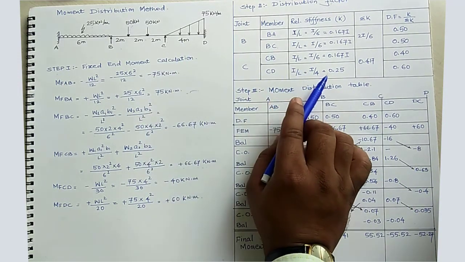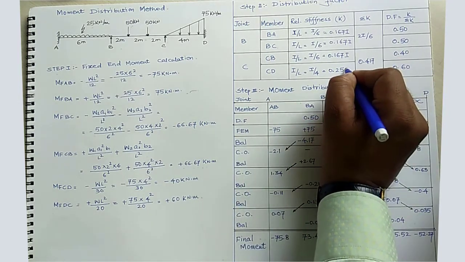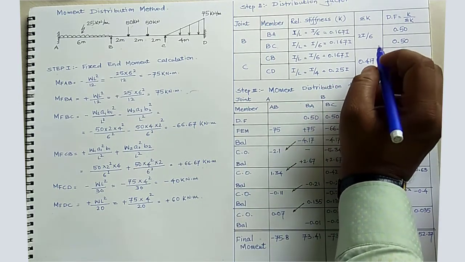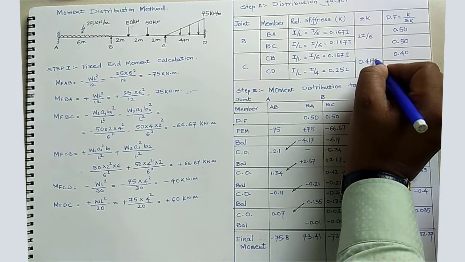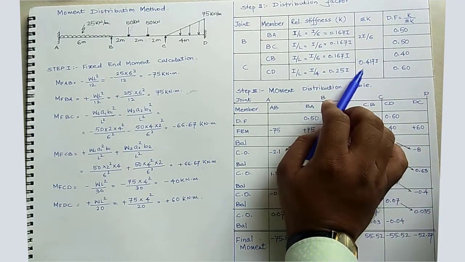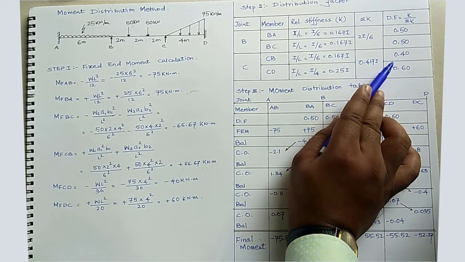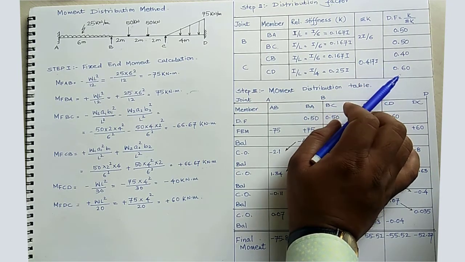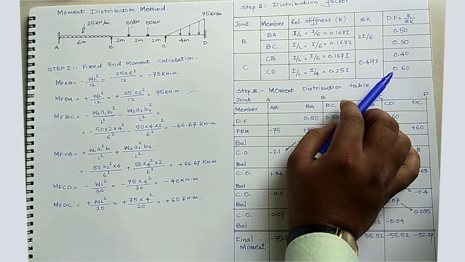So it is 1 by 4, that is 0.25 I. If we sum up this value, this will be equal to 0.417 I. If we divide this K by sum of K, we will get the distribution factor of CB as 0.4 and distribution factor for CD as 0.6.